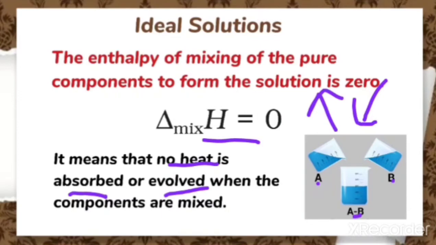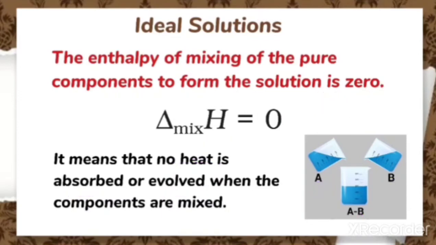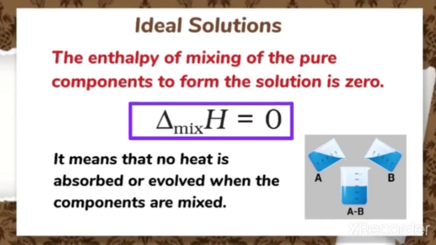In this case we can say that delta H mixing is equal to 0. So in short, delta H mixing for the ideal solution is equal to 0. This is the important point.